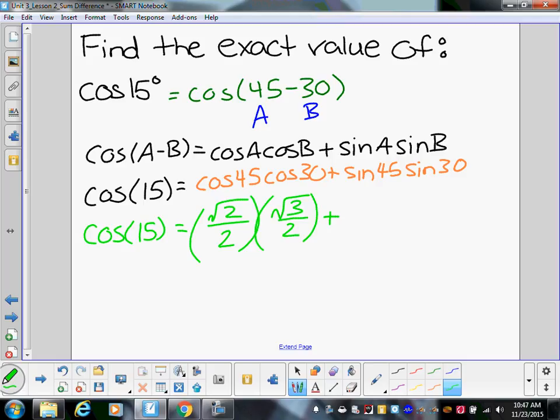Sine of 45 is also root 2 over 2. And the sine of 30 is 1/2. So you're either using the coordinates for 45 and 30 on the unit circle, or you're using the 30, 60, 90 right triangle and the 45, 45, 90 right triangle. Whichever you're most comfortable with.